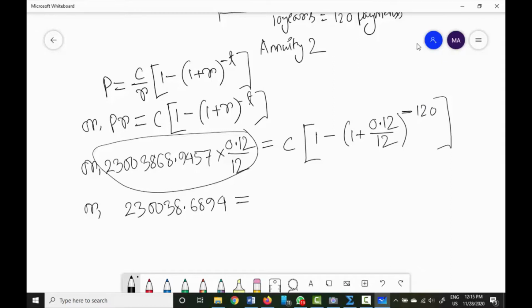Now let us calculate this one: 1 minus bracket 1 plus 0.12 divided by 12 bracket close, power minus 120.